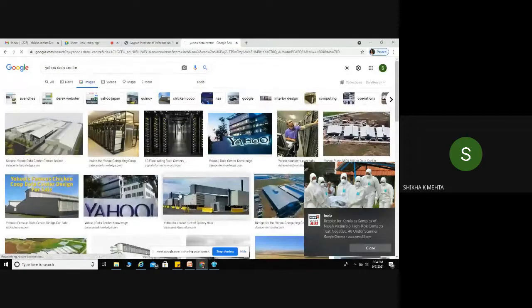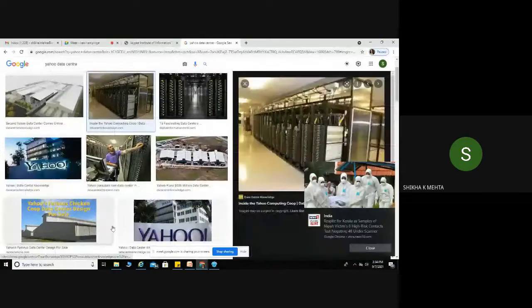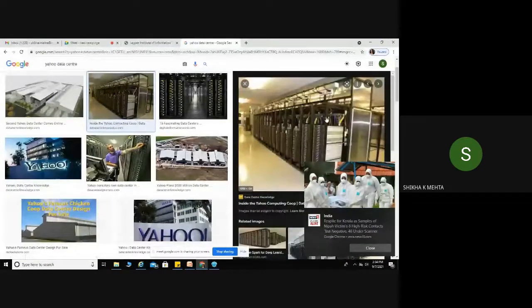See, this is the data center outside building, and inside, this is the kind of structure they have inside the Yahoo Computing Cube. Here you can see these are the racks. In the racks they have the nodes, and this complete rack forms one complete cluster.